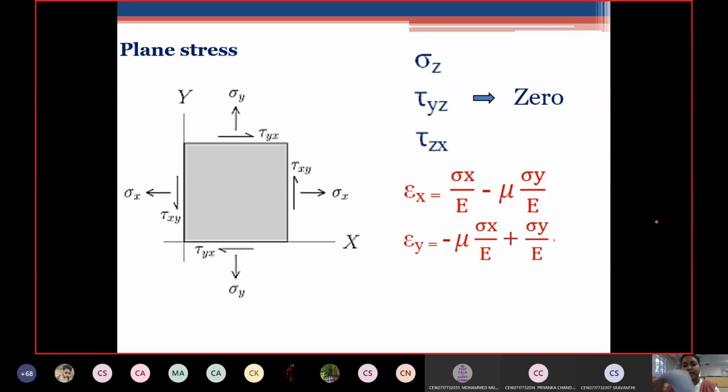You just have to solve for sigma x using epsilon x and epsilon y. By multiplying mu to one of them, you can eliminate the other stress. So what can we do? Epsilon x plus, I will try to eliminate the y term, into mu into epsilon y.